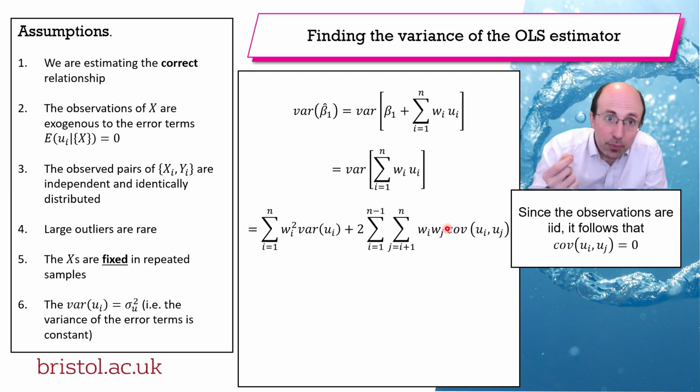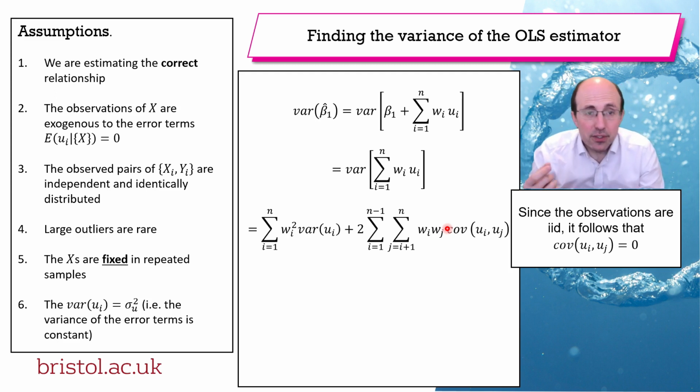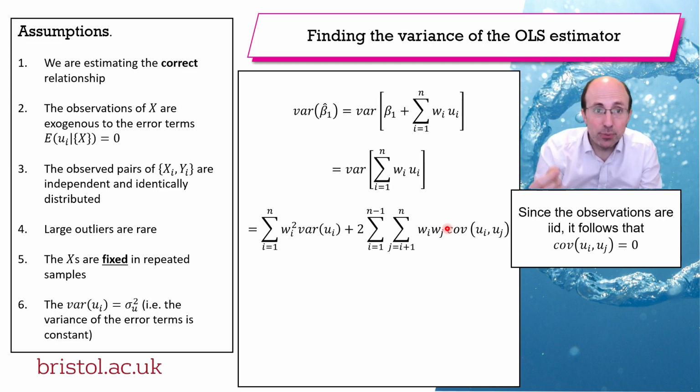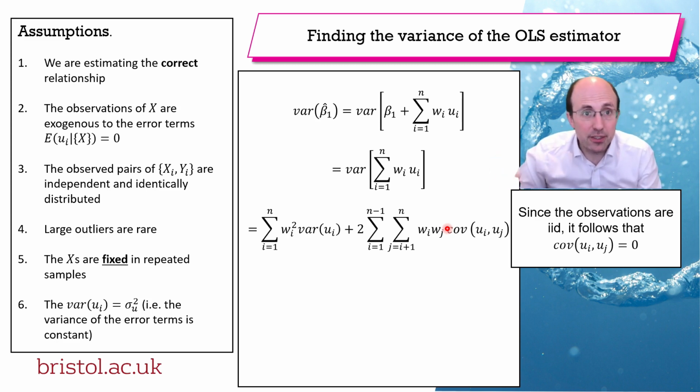Now, the assumption that we made much earlier, that the pairs of observations of x and y are independent and identically distributed, comes into play now. Because the pairs of observations of x and y are independent and identically distributed, it also follows that the ui's are independent and identically distributed.